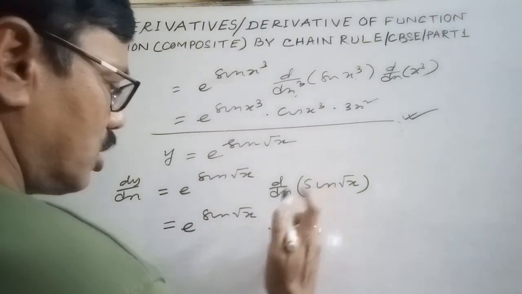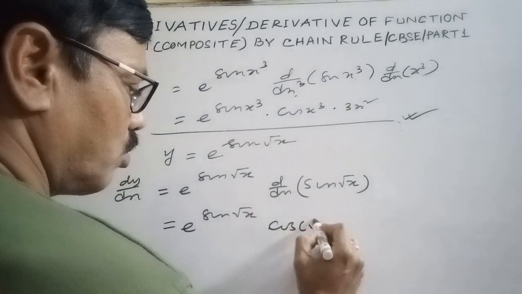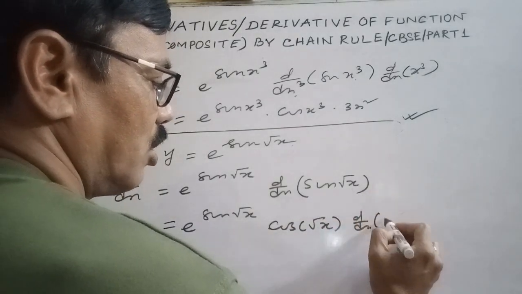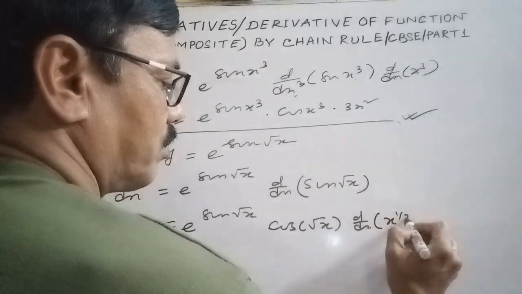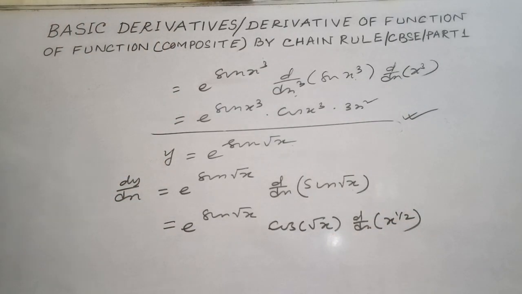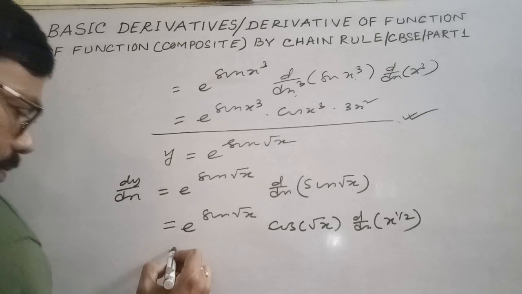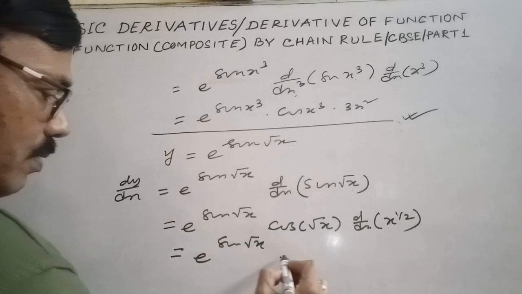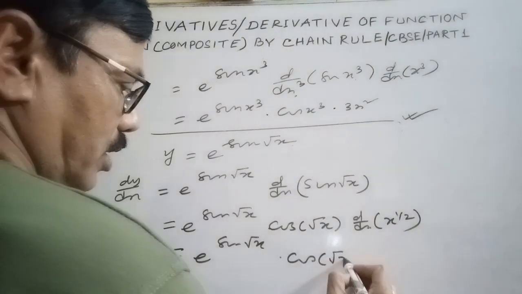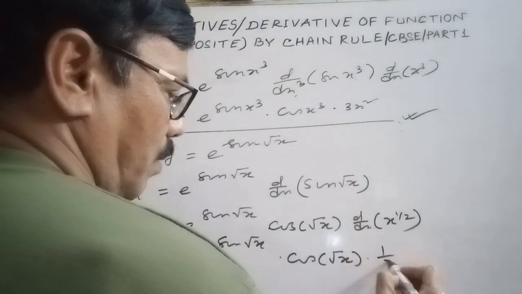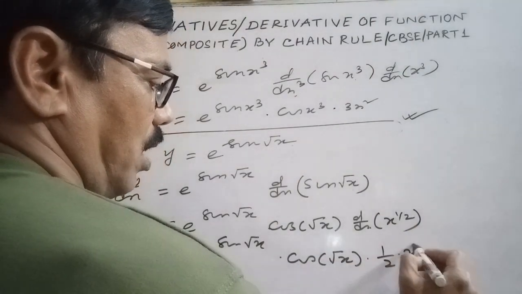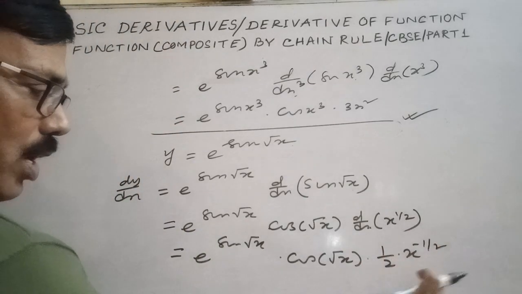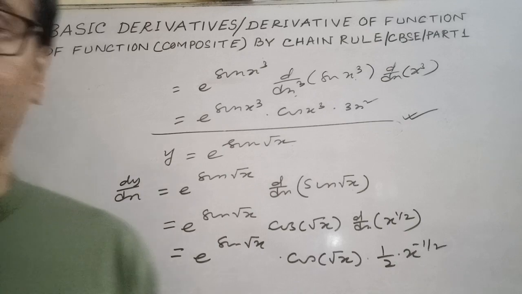Now the main function is sine. So cos root x. Mind it, into d/dx of x to the power half, that is root x. Then e to the power sine root x, cos root x into half of x to the power minus half. So you can write this is 1 by 2 root x.